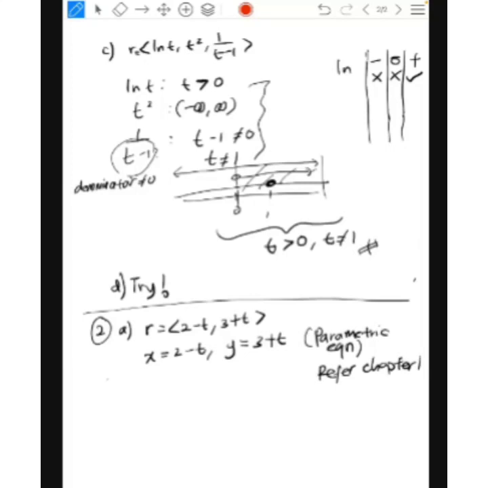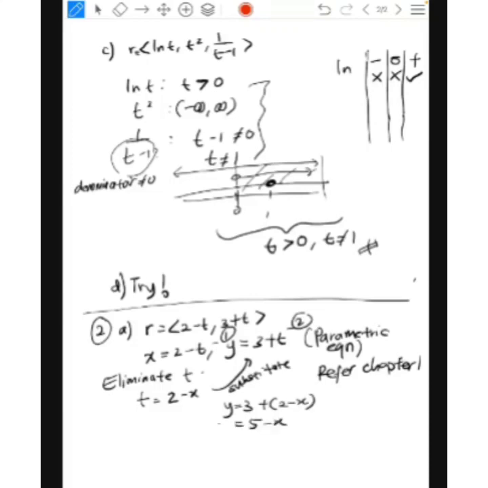So for example, if I eliminate t, this is my first equation, this is my second equation. So t will be 2 minus x, so substitute here. I will have y equals 3 plus 2 minus x, which is 5 minus x. So this is a straight line.